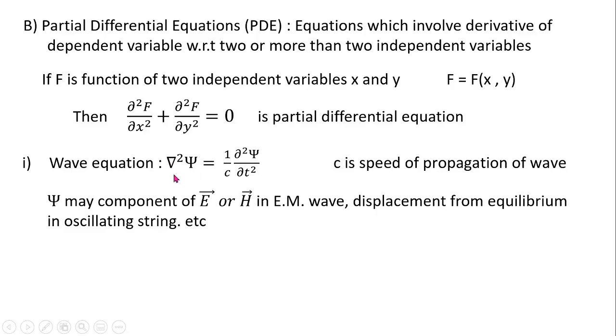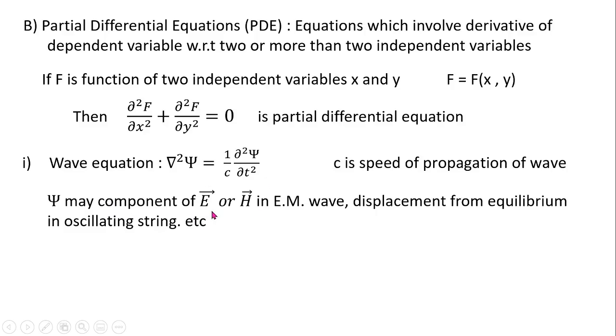If this is a three-dimensional equation, then there are four independent variables: x, y, z in Cartesian coordinates, and the fourth is time. Therefore, this is a partial differential equation because this equation involves more than two independent variables.